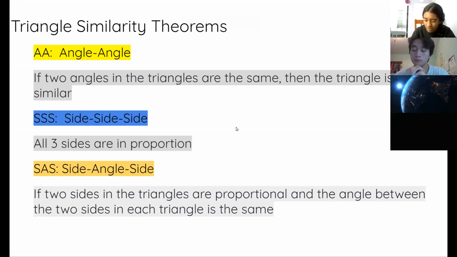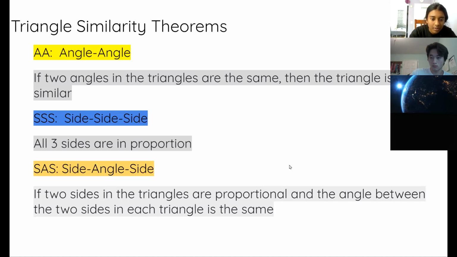If we had side lengths x, y, and z, and we dilated it by a scale factor of 3, then the new triangle would be bigger and the side lengths would be 3x, 3y, and 3z. That's what we mean by in proportion. They're scale models of themselves.